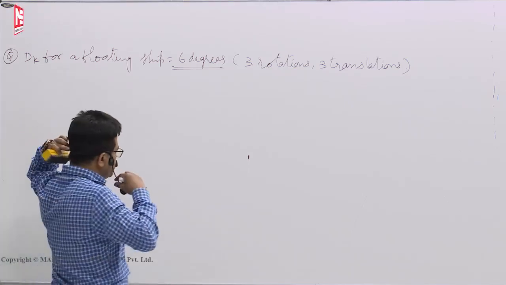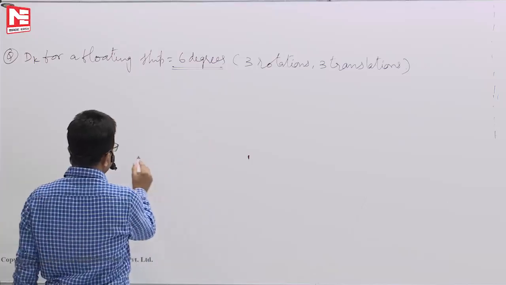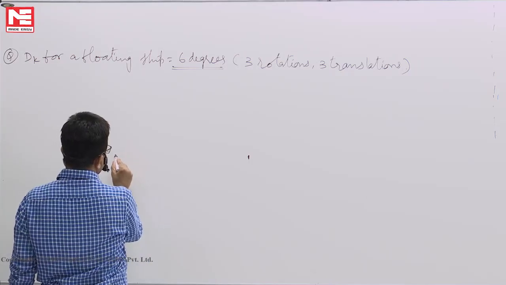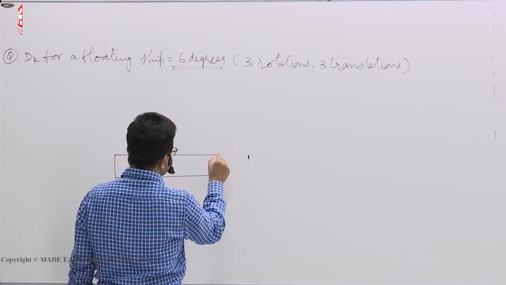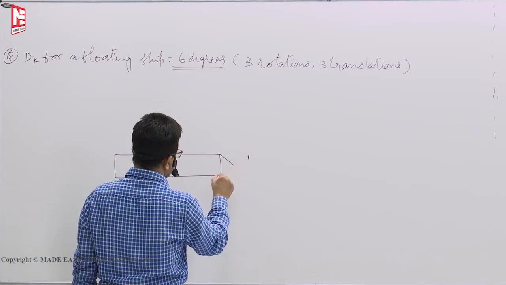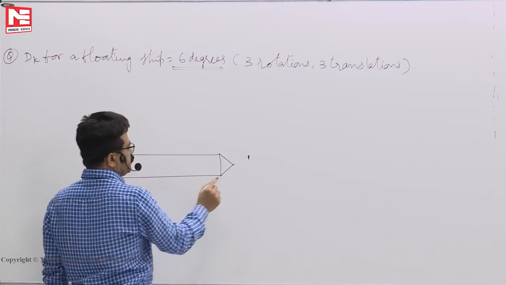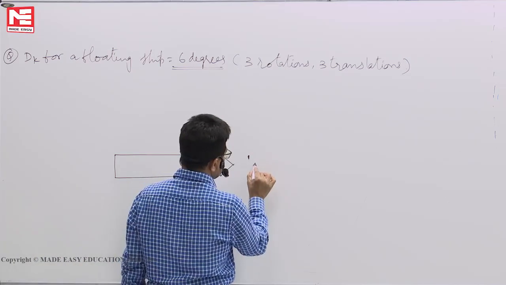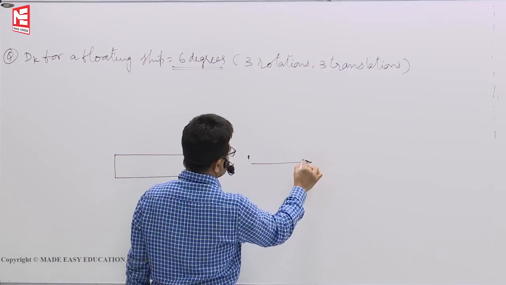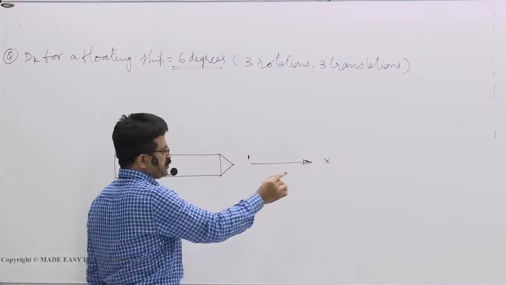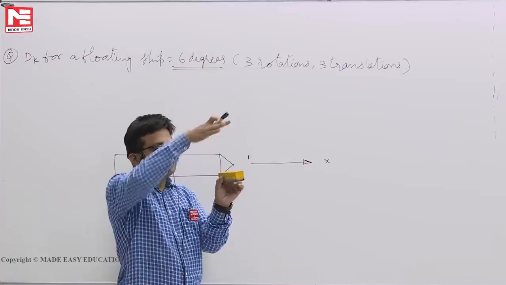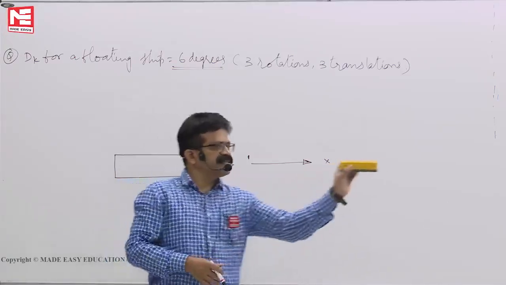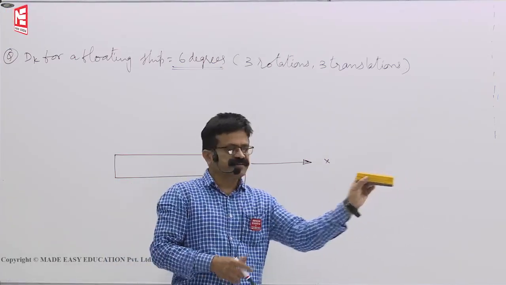Now you see, if you want to know what they are, top view of a ship I am showing. This is the top view of a ship, let us say. Okay, ship, it's moving right side. This is x-axis. Translation. In this direction, if this is a ship, let us say, top view I am showing, if it moves like this, that is called surging.